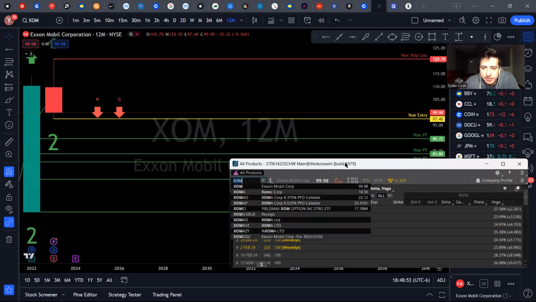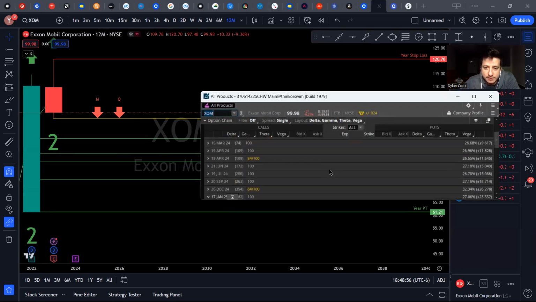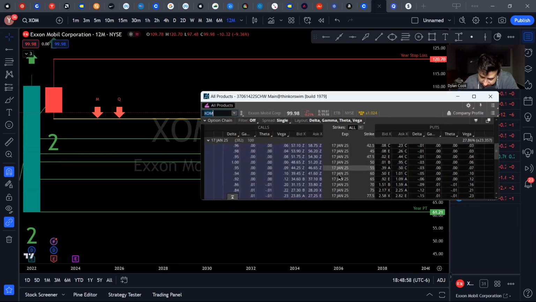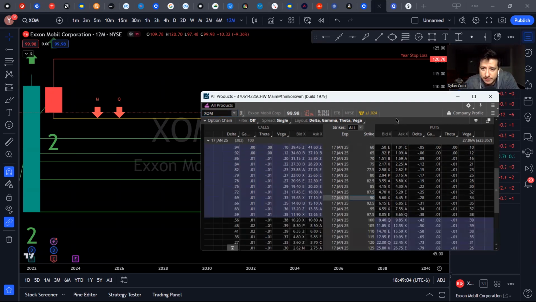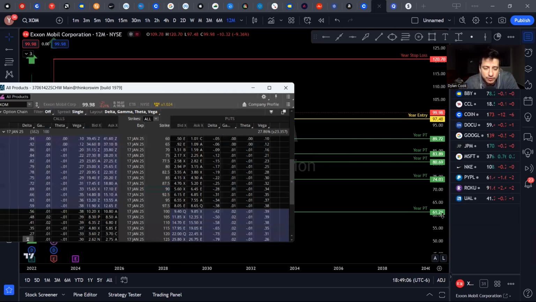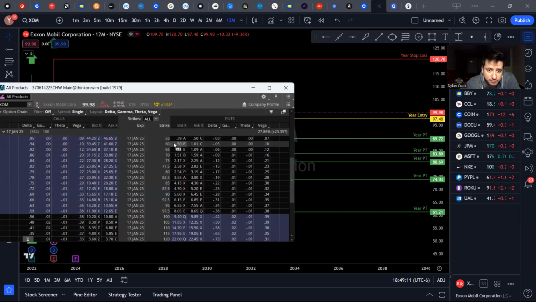XOM with some puts. All right, XOM 75 is what I suggested for the puts. Let's go over the Y. Okay, 61 is the farthest out of the money, which would be like over here. So 65, 60.